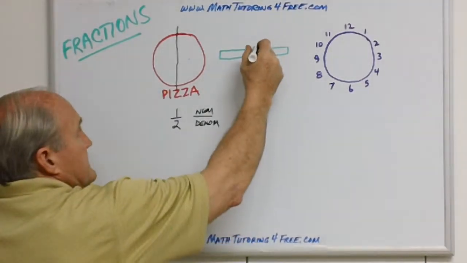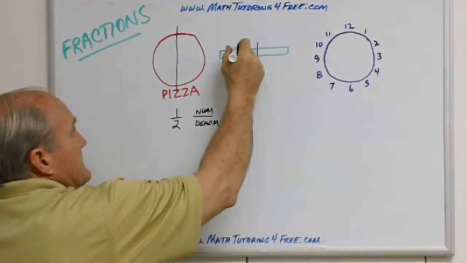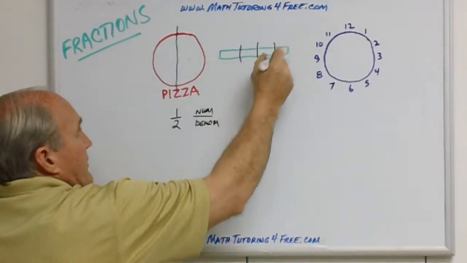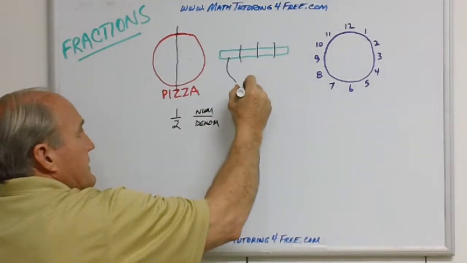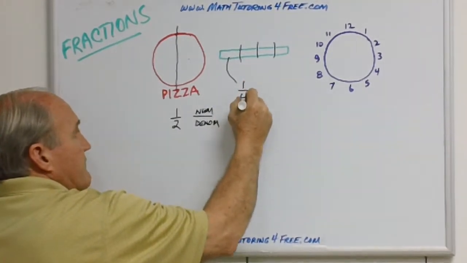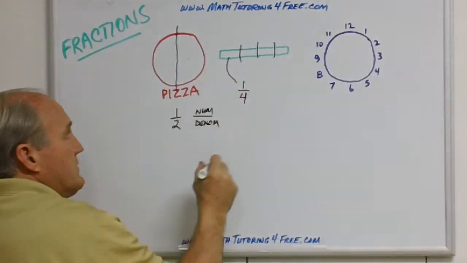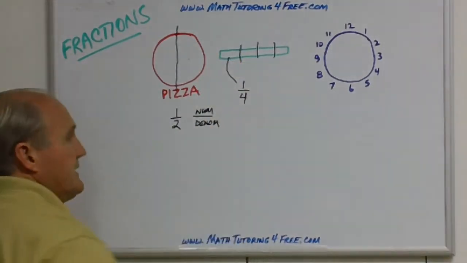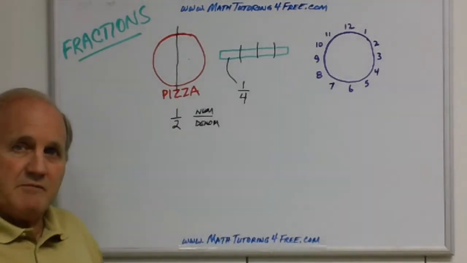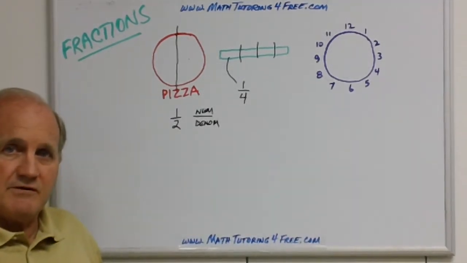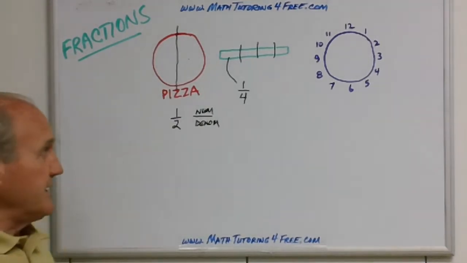Let's pretend this is a stick of candy, and let's split it into 4 equal parts. Then each of those parts would be represented by the fraction 1/4. This is 1 out of 4 equal parts. Again, the denominator represents the number of parts that the value 1 has been divided into.